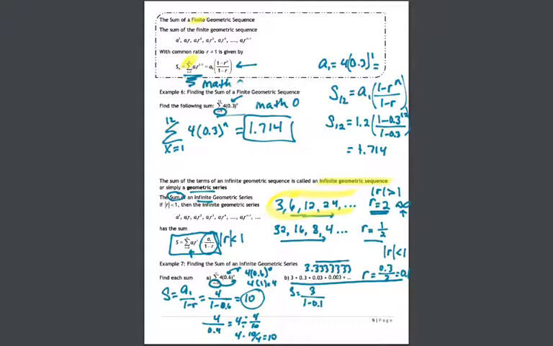And so when you type that in your calculator, or, if you think about it, it would be the same thing as 3 over, when you do 1 minus 0.1, you get 0.9, or 3 divided by 9/10, which is the same thing as 3 times 10 over 9, which simplifies to be 10/3, which happens to be the same thing as this right here.